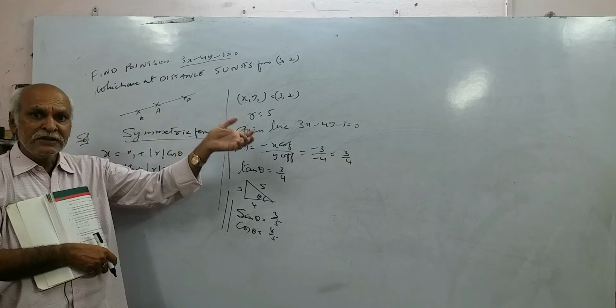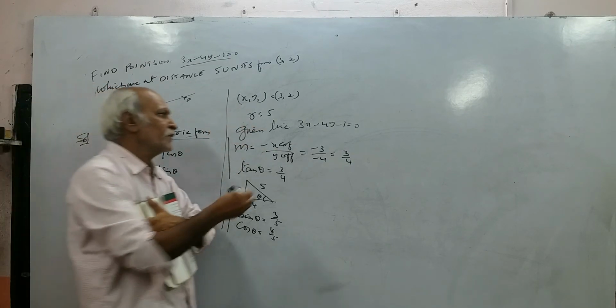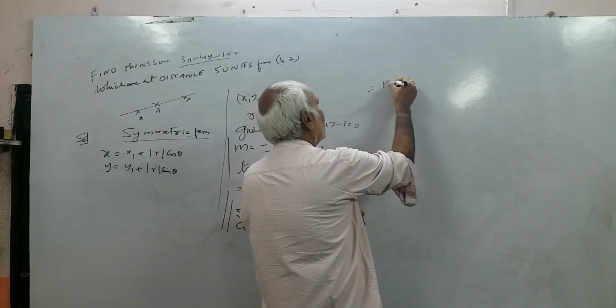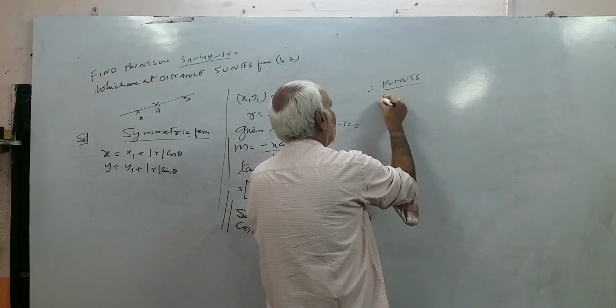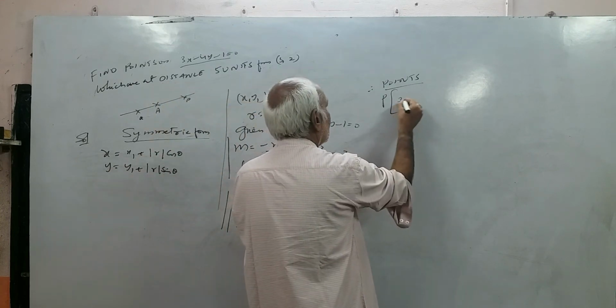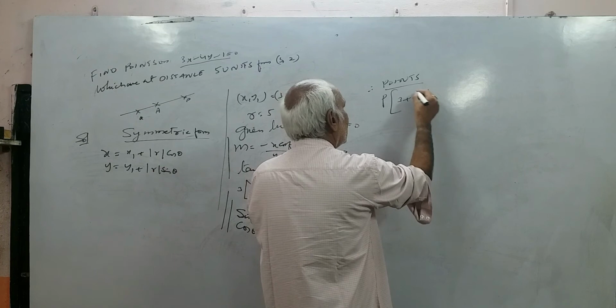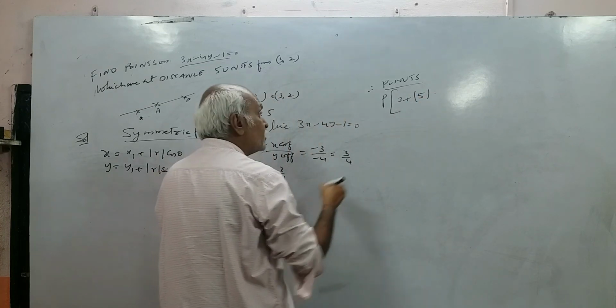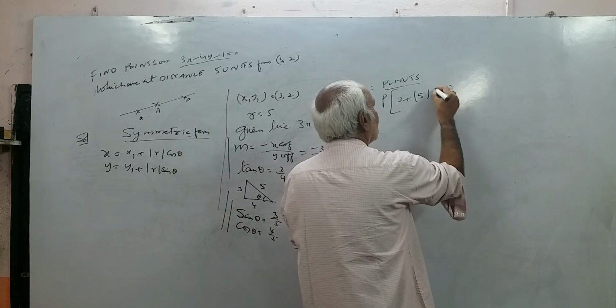In the previous one, it had been given directly. Now we have to find the points. Therefore, the point P. What is P? x1, what is x1? 3 plus modulus 5 into cos theta, which is 4 by 5. Okay, we'll write this.